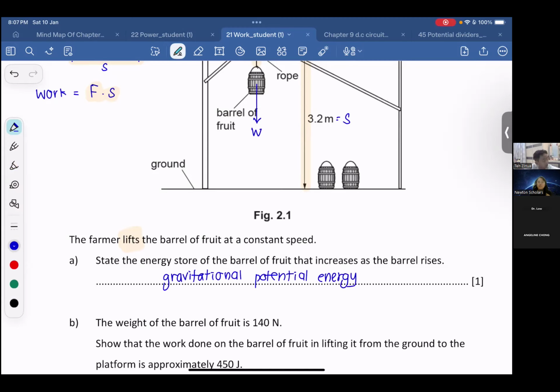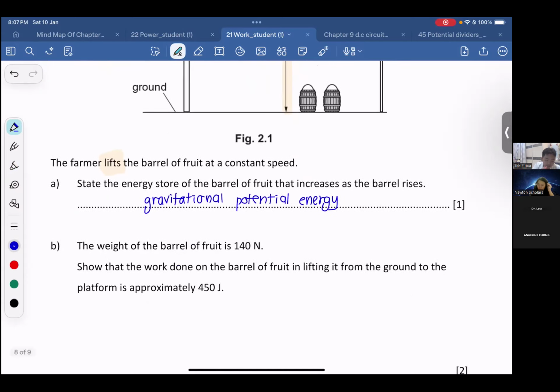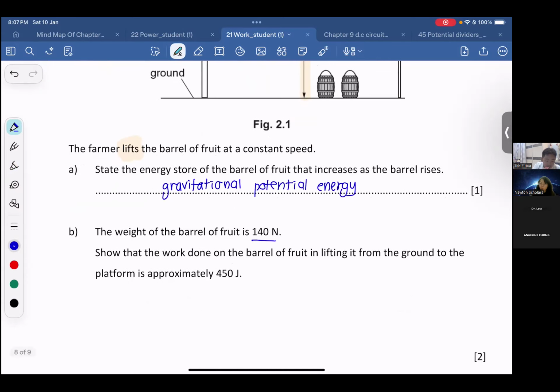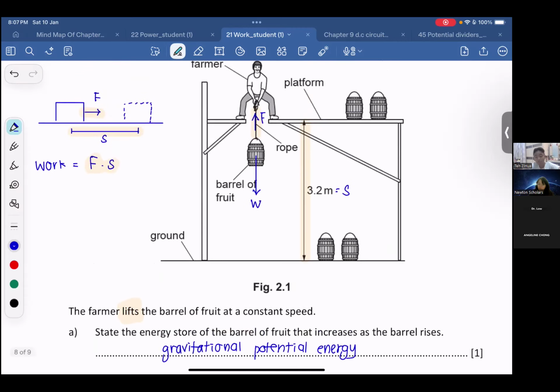Gravitational potential energy is the energy due to the position, due to the height. The weight of the fruit here is 140 Newton. W equals 140 Newton, and don't forget the weight is actually the force that we apply. The weight is pointing downward. If you want to lift it up, you need to apply the same amount of force.